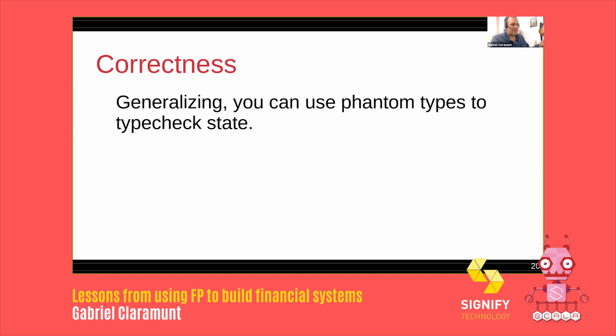You put that type as a parameter of the object you want to process, and the signature of your method or function only works on the object in that fixed state, so it basically won't compile if you try to complete a request that was not initiated.